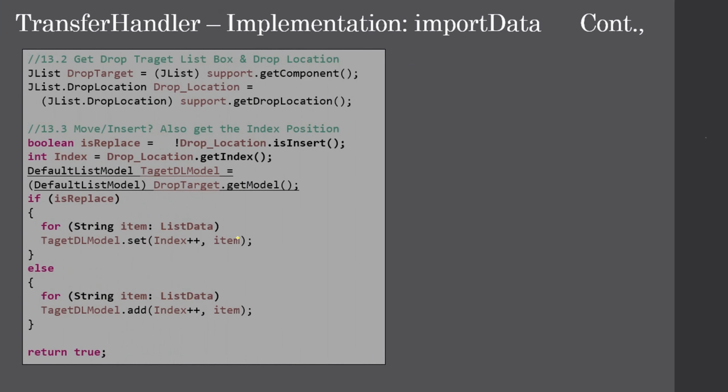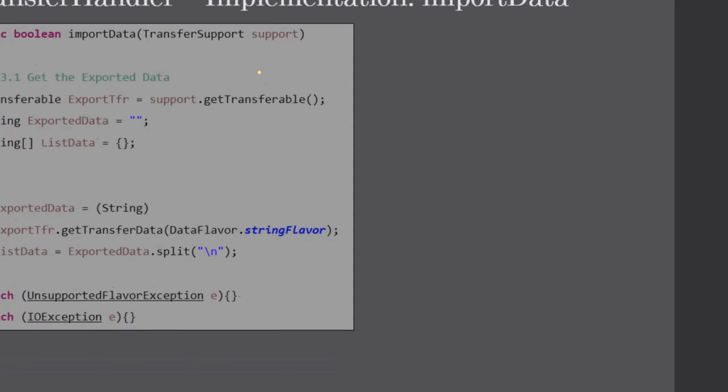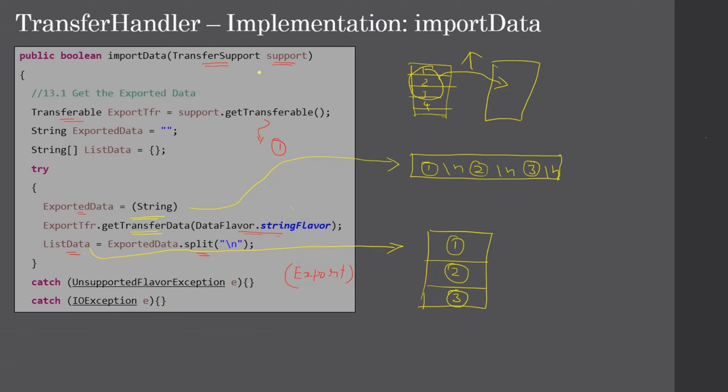So in the previous slide you saw that the data is ready in the form of a string array. Now here, from the support object, if you have a look here, it's a TransferSupport, so we are receiving it as a parameter, right?